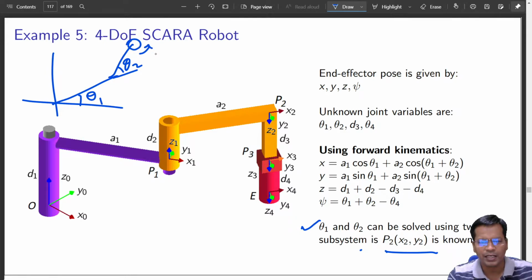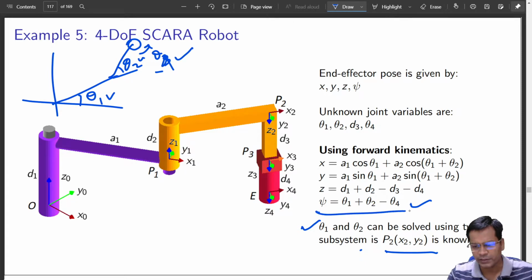The entire last link, the fourth link, has an additional angle of theta 4, which is in the negative direction. So the overall angle that the end effector turns is actually the sum of theta 1, theta 2 and theta 4. Is it not? Which is given by this.